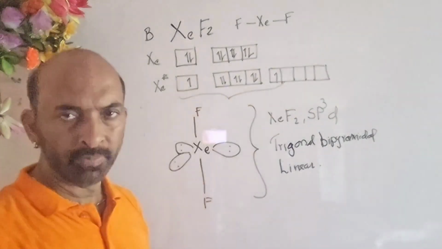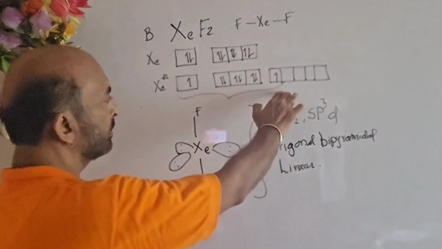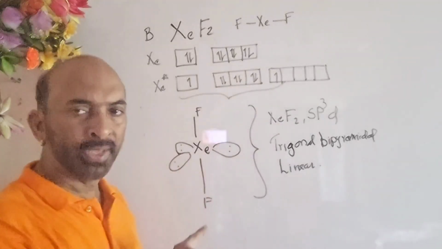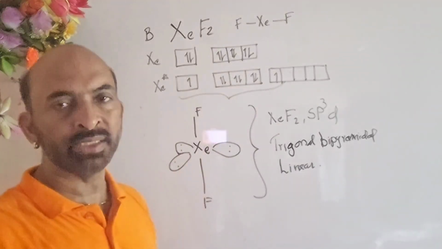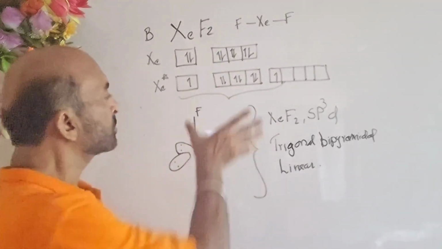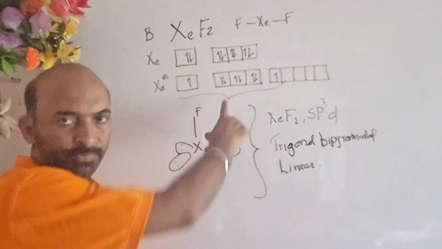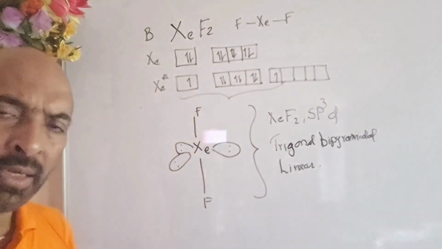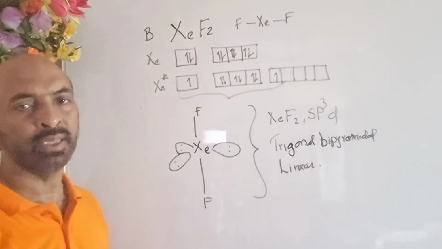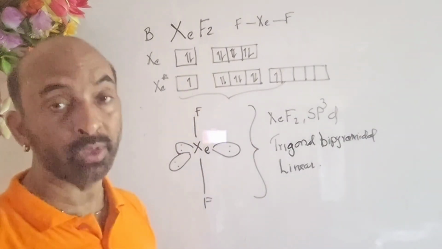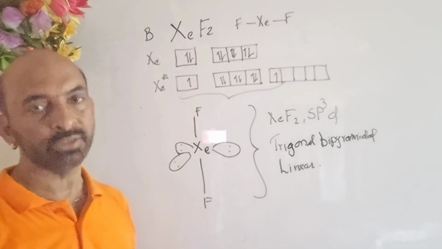And for the hybridization, all these must be involved because bonding orbitals should be hybridized. The lone pair containing orbitals in the valence shell also must be hybridized. So the possible hybridization is sp3d.